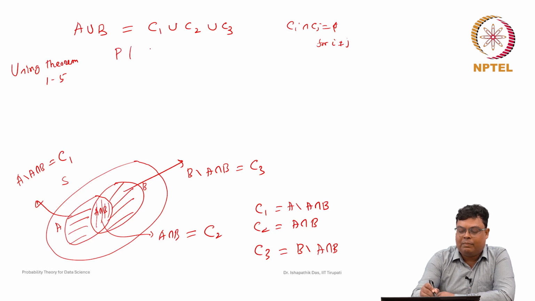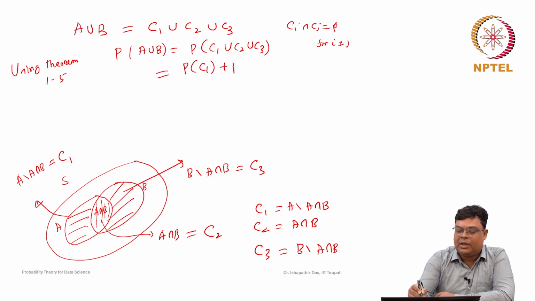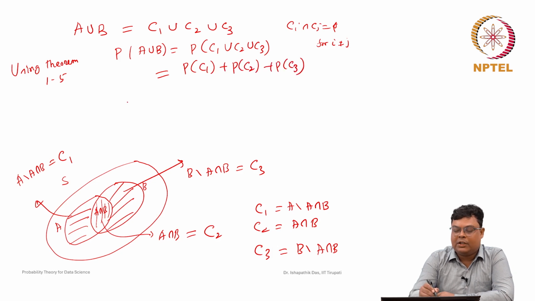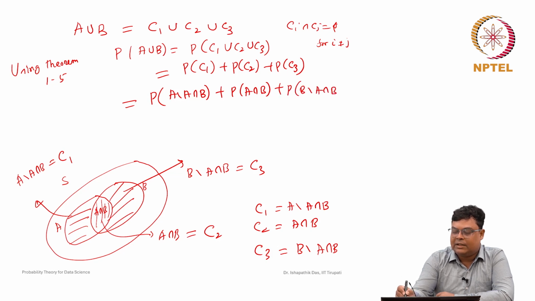Probability of A union B is probability of C1 union C2 union C3, which by theorem 1.5 is probability of C1 plus probability of C2 plus probability of C3. Now, what is probability of C1? It is the probability of A minus A intersection B, plus probability of C2, which is probability of A intersection B, plus probability of C3, which is B minus A intersection B.